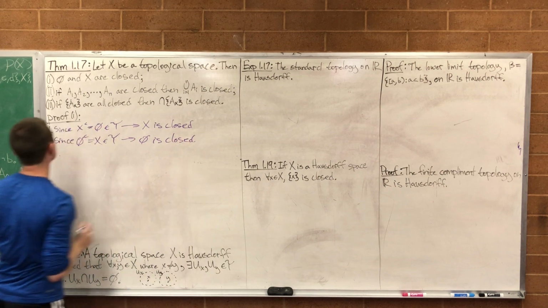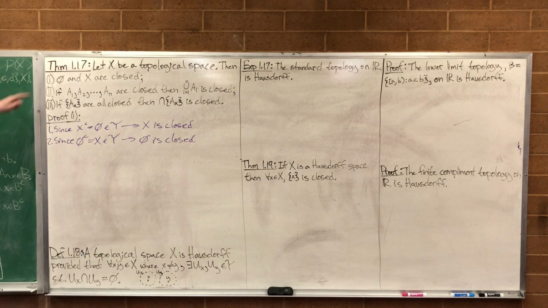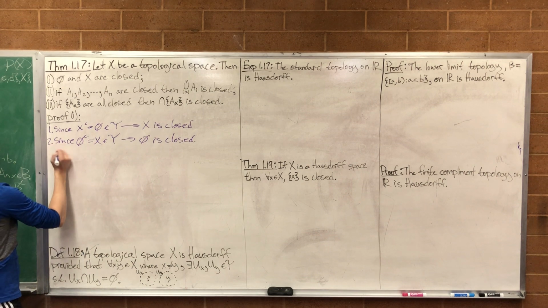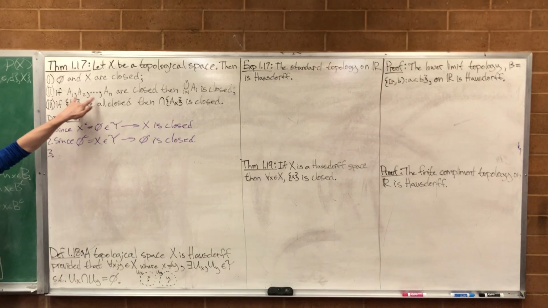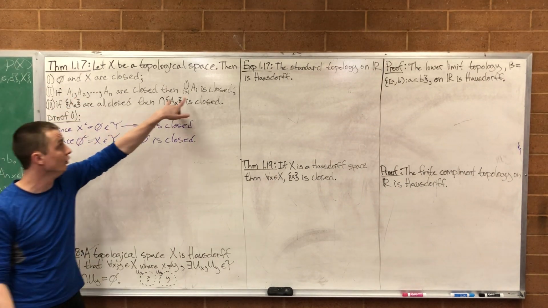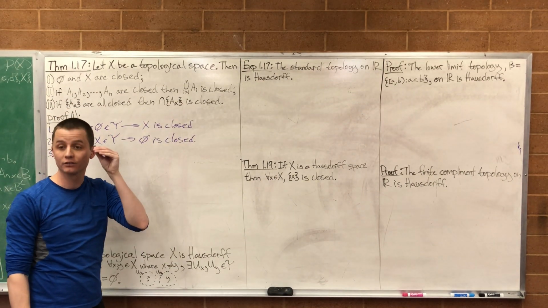Okay, now let's do proof of part 2. To prove part 2, what do I need? I need to assume that I have n closed sets, and then I need to prove that their union is closed.